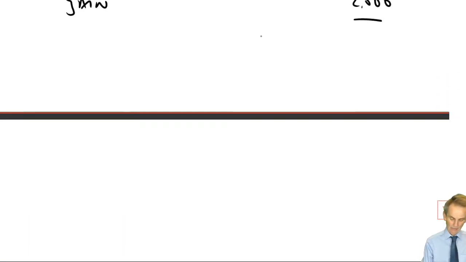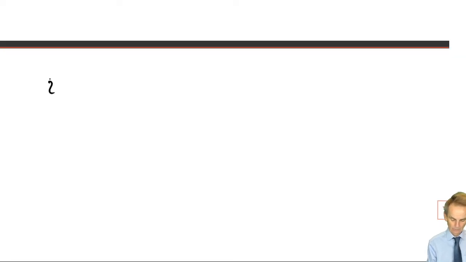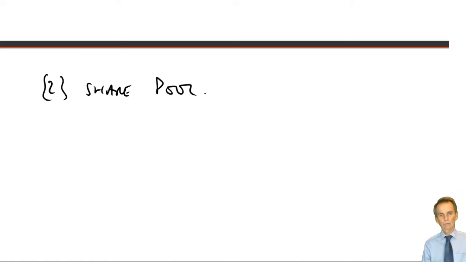On now, therefore, to the share pool. We have accounted for 4,000 of 20,000 shares sold. The remaining 16,000 shares out of that 20,000 share sale must therefore have come from the share pool. There's nowhere else it could have come from. And as I said to you, what you literally do is just copy it down from the question.